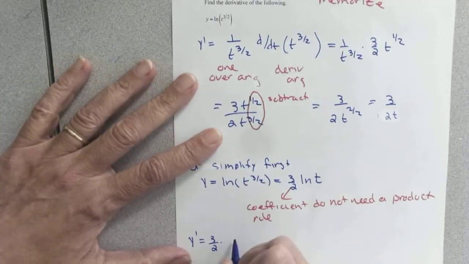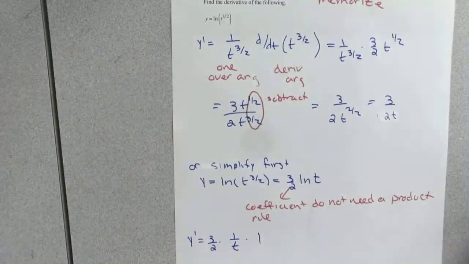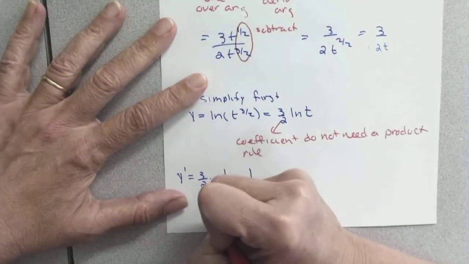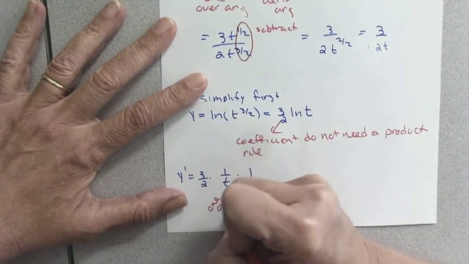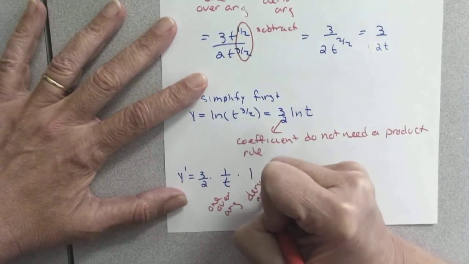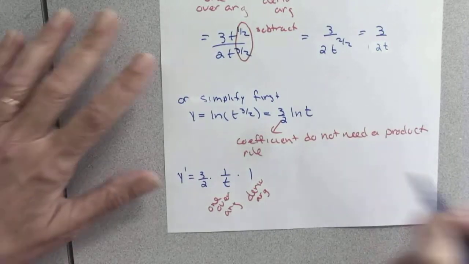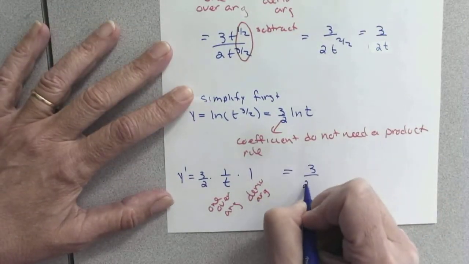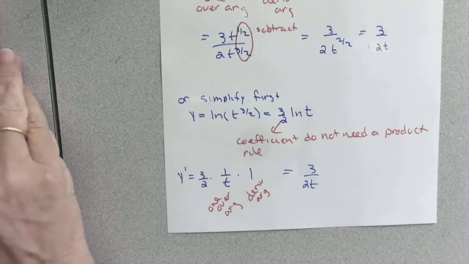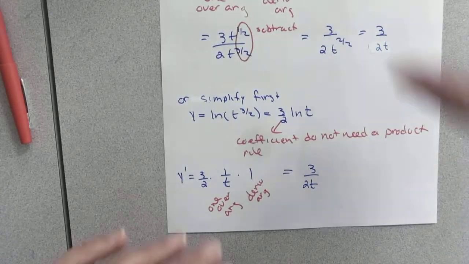Then very technically, 1 over the argument, derivative of the argument. And obviously, you wouldn't have to write the times 1. That's just me being very specific. And I get 3 over 2t. And that was a little bit faster than the way we had done it before.